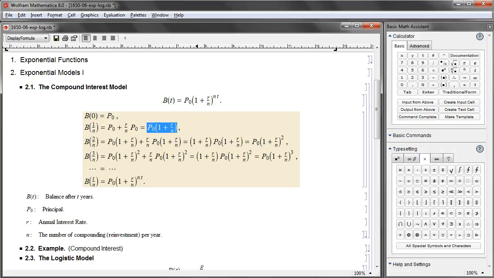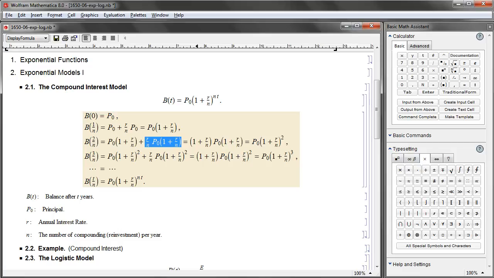Now, after the next quarter or next month, after the second compounding period, this highlighted amount is the money that is carried over from the previous period, which is over here. And we have to multiply that amount by the interest rate, R over N, the monthly interest rate, R over 12, or quarterly interest rate, R over 4, things like that.